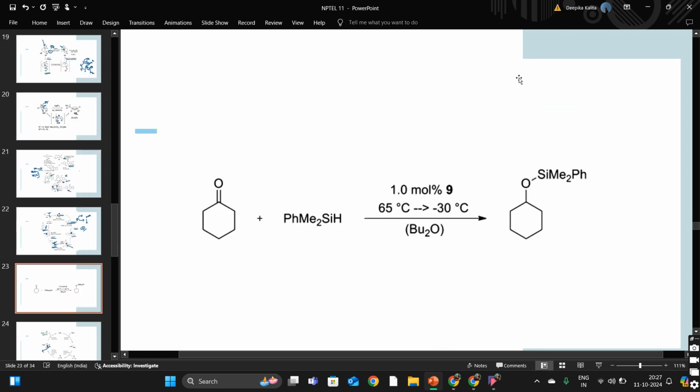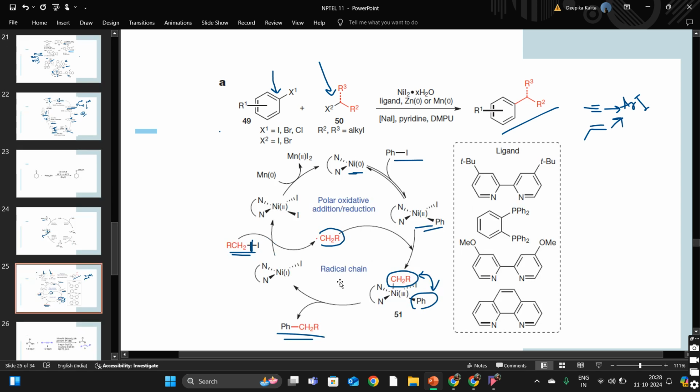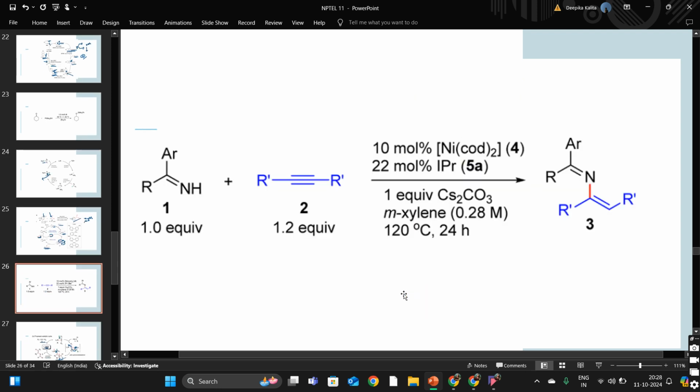Okay, and we also discussed the protection of this oxygen atom of cyclohexanone using dimethyl silane and rhodium catalyst. Then we came to the coupling of aryl halide and alkyl halide using nickel catalyst, where we saw the involvement of radical chain also. Okay, then we studied the nucleophilic attack of imine on alkyne catalyzed by nickel.